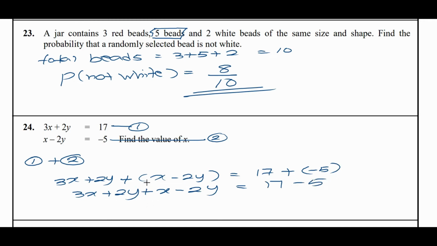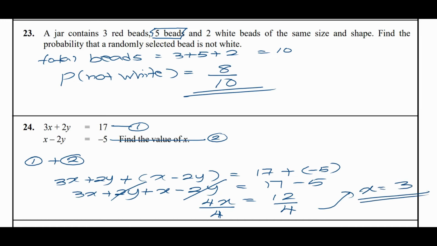Then you can clearly see plus 2y minus 2y will be cancelled. Then 3x plus x equals 4x, equals 17 minus 5, which is 12. Divide by 4, divide by 4, we will get x equals 3.